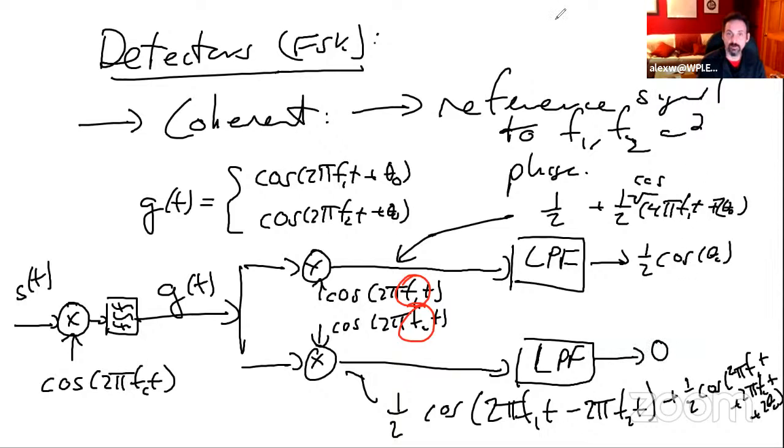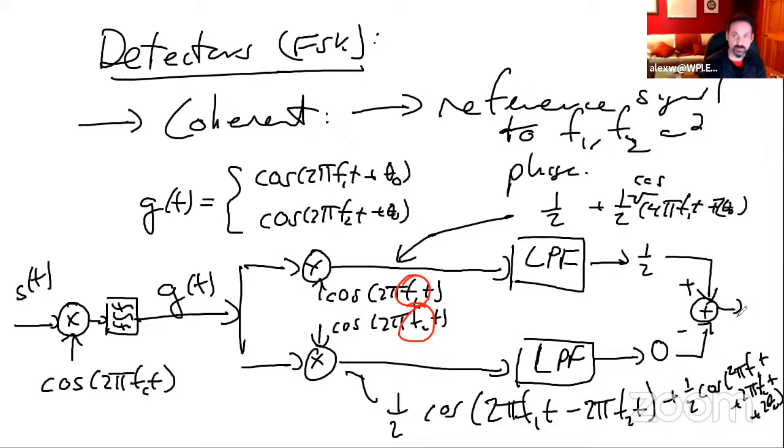So it's really going to just be half. And this is beautiful, because then we pass these values, plus and minus, to a decision-making device.